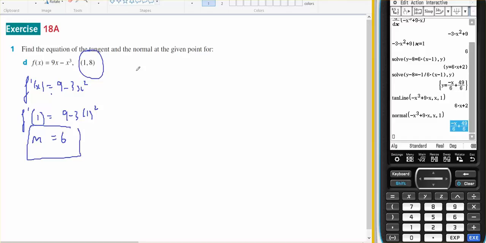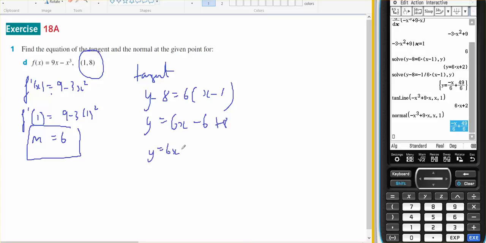That is my point, so for the tangent, y minus y1, which is 8, equals 6 times x minus x1, which is 1. y equals 6x minus 6 plus 8. y equals 6x plus 2. The same answer as what we got over here.